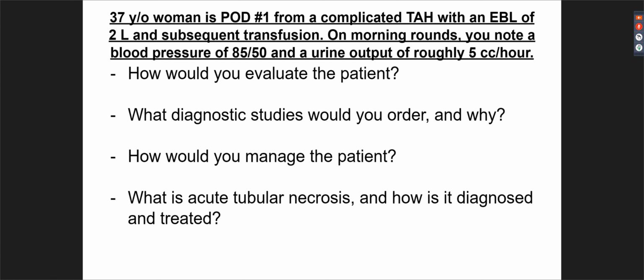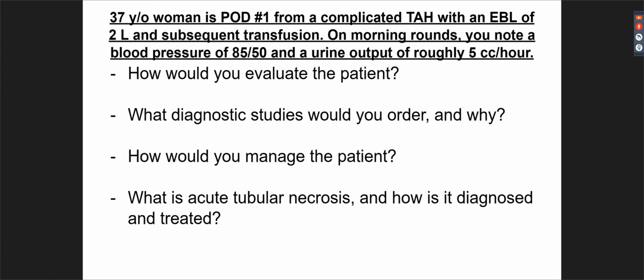It is usually initially managed with fluid replacement, and it can have an increase in creatinine that is pretty substantial. Initially, the treatment, from what I can recall, would be conservative with fluid replacement and observation, serial assessments of the creatinine.